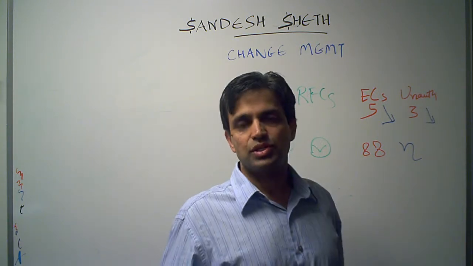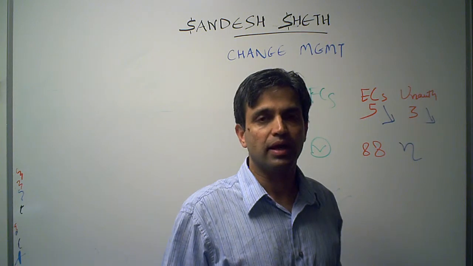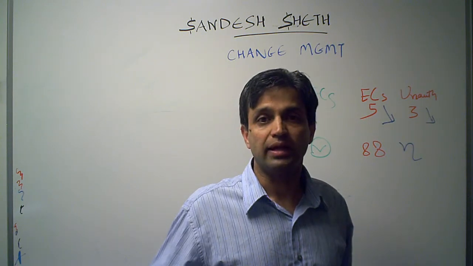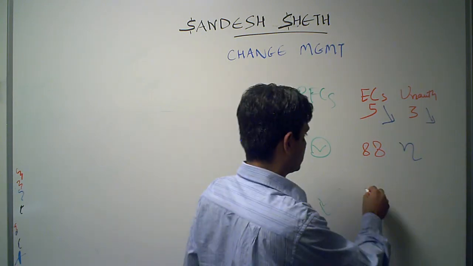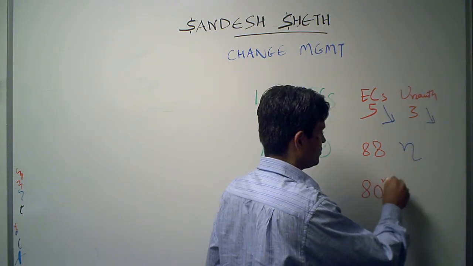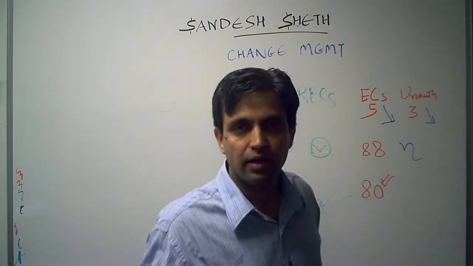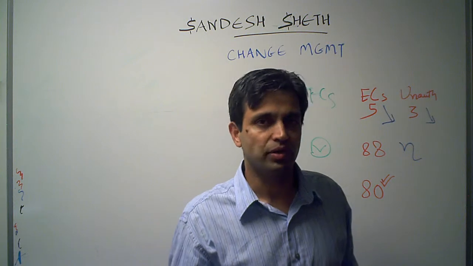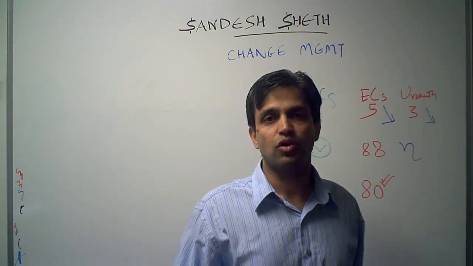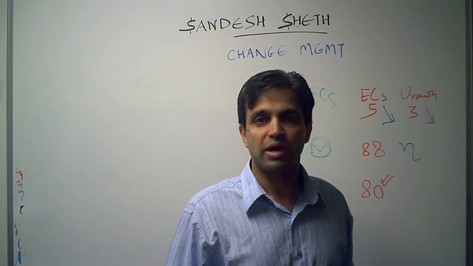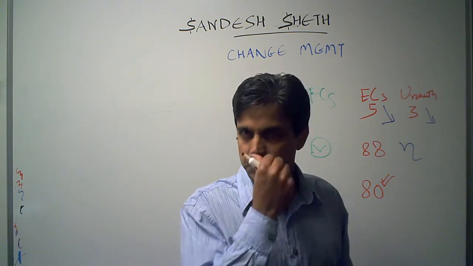Of these 88 changes that we implemented, let us assume that 80 were successful. And when I say successful, it means that they did not cause any incidents and we did not have to roll back any of the changes.